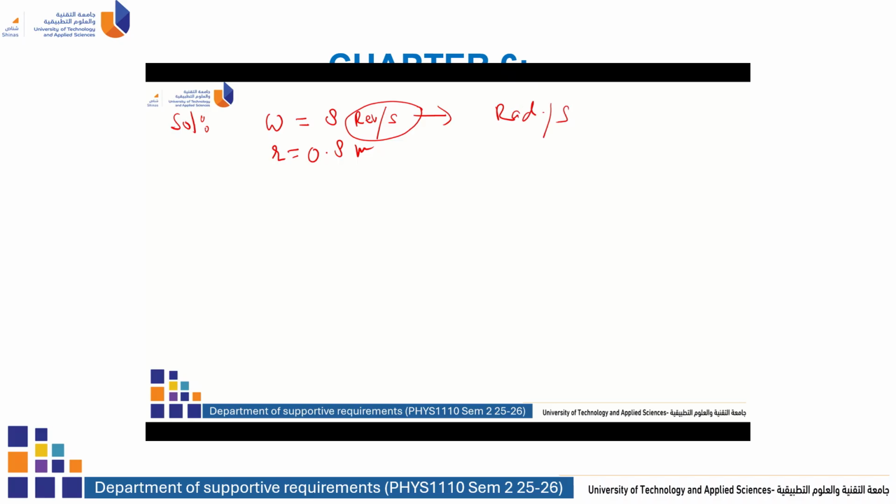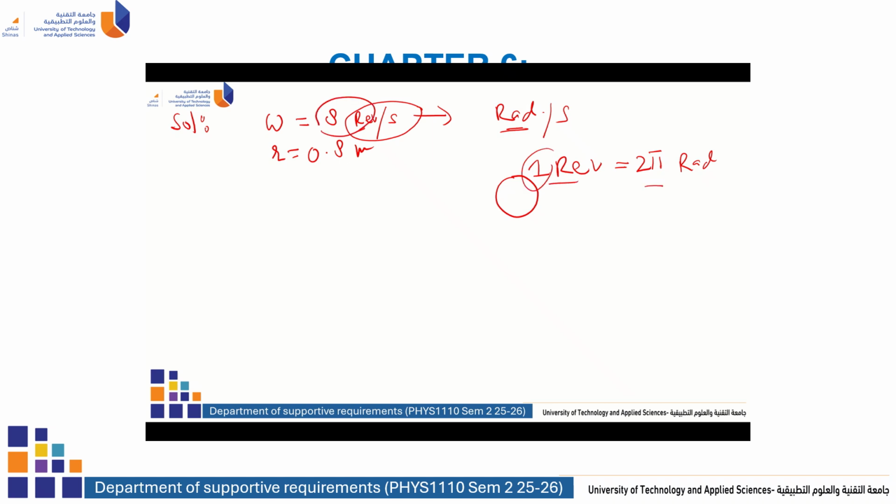So I want to change this revolution to the radian. If I make a circle, this is one revolution, and one revolution is equal to 2 pi radians.